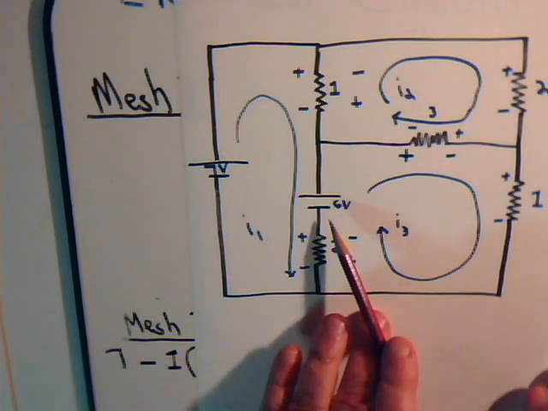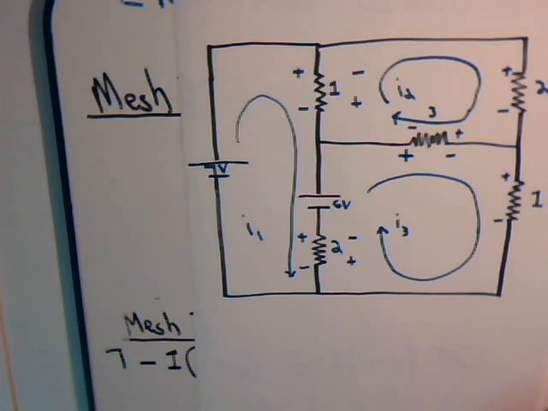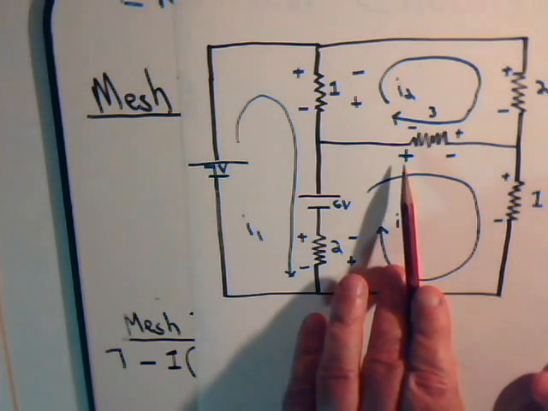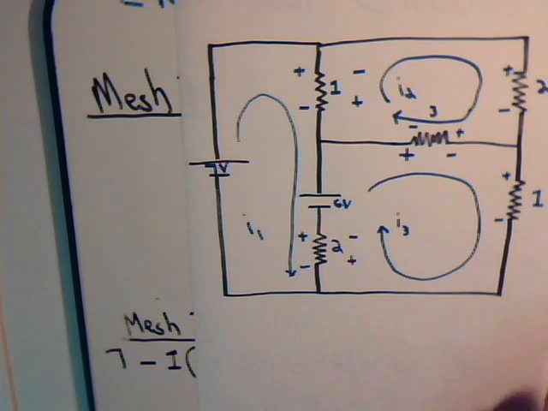So when we write the equations, this is designated as a positive voltage drop. All the other ones, plus to minus, plus to minus, plus to minus, are negative voltage drops. So let's go ahead and see if we can write these in.